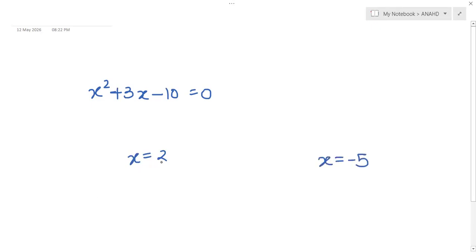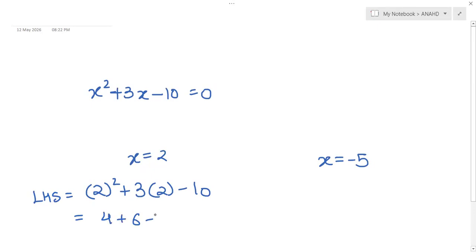That means when we put x is equal to 2 in this equation, my LHS should be equal to my RHS, that is 0 in this case. Let's try. Yes, it is satisfying the equation. My LHS is equal to RHS, and hence x is equal to 2 is a solution.